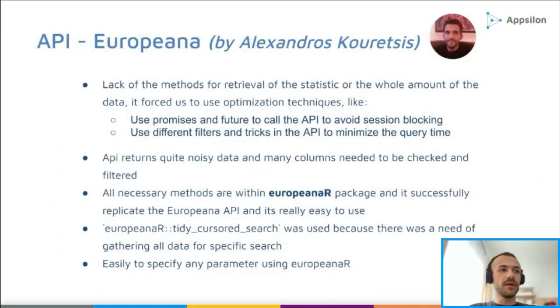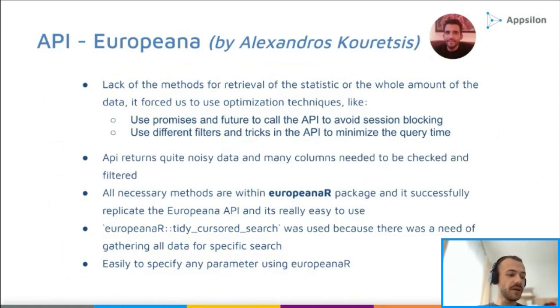Okay, now I'm going to talk more about the API and the package made by Alexandros. Regarding the API of Europeana, one issue that we had is the lack of methods for retrieving statistical data, and we were not able to access the whole amount of the data, and it forced us to use different optimization techniques.